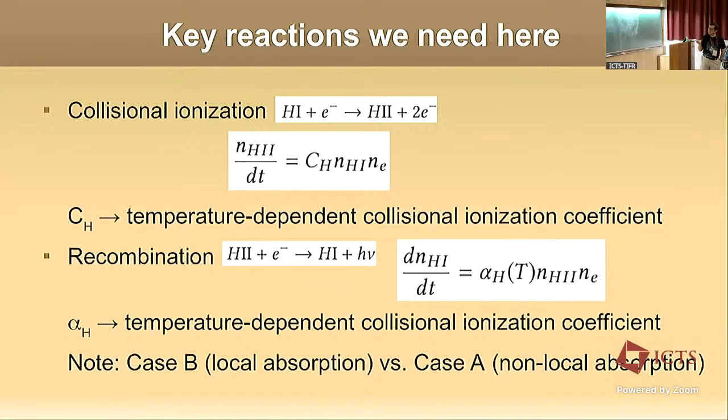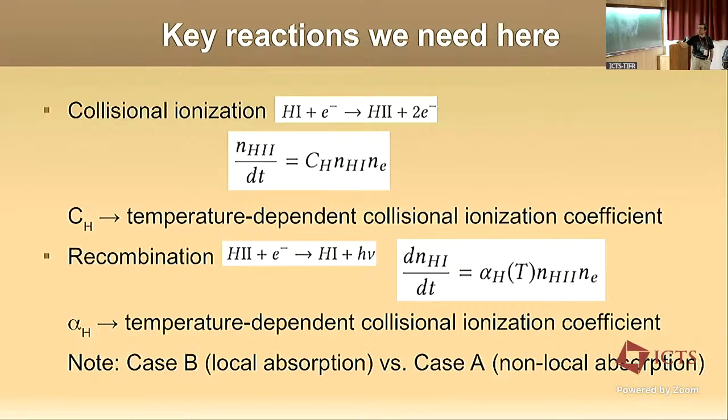There are some fine points here. This coefficient could be either so-called case A or case B. Case A is when you have non-local absorption. Basically the photon gets emitted, but then it travels some distance away and may be absorbed somewhere completely different.